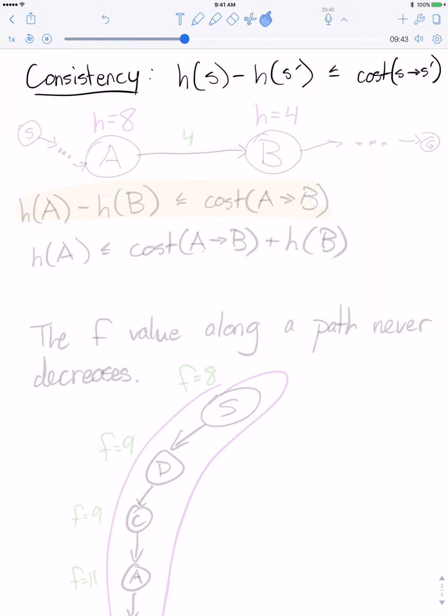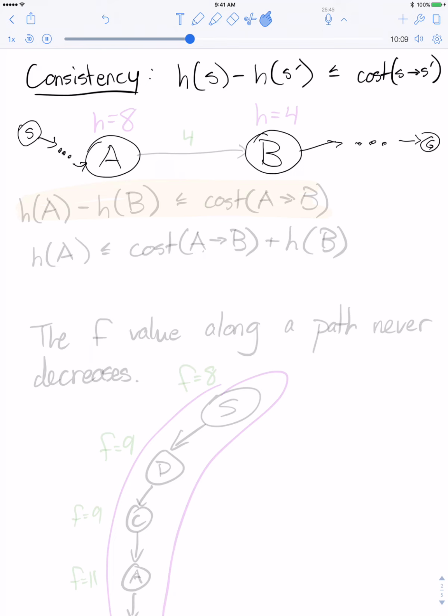This might be a little bit easier to visualize if I actually give you a piece of a graph. So imagine that we're working with a graph that has some node A right here, another node B right here, and somewhere over here we have a start state, some stuff happens, and we end up at A. And then some other stuff happens after B that gets us to a goal.